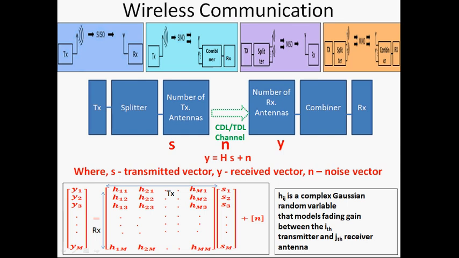Now if you want to define the received vector y with the help of transmitted vector and noise, you can do that. Y is equal to H, that is the channel matrix, into s plus n, the noise vector. It is the way of defining receiver vector with the help of transmitted vector as well as the noise vector. And here the thing is, we need to define the channel matrix.